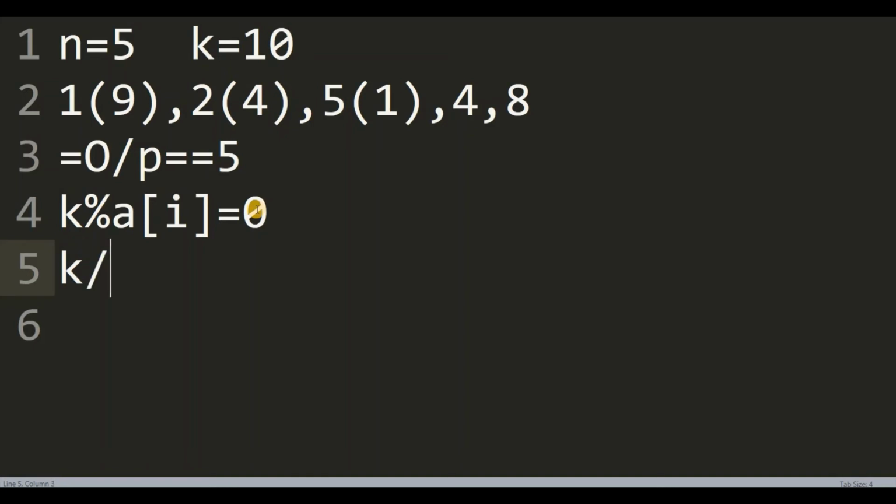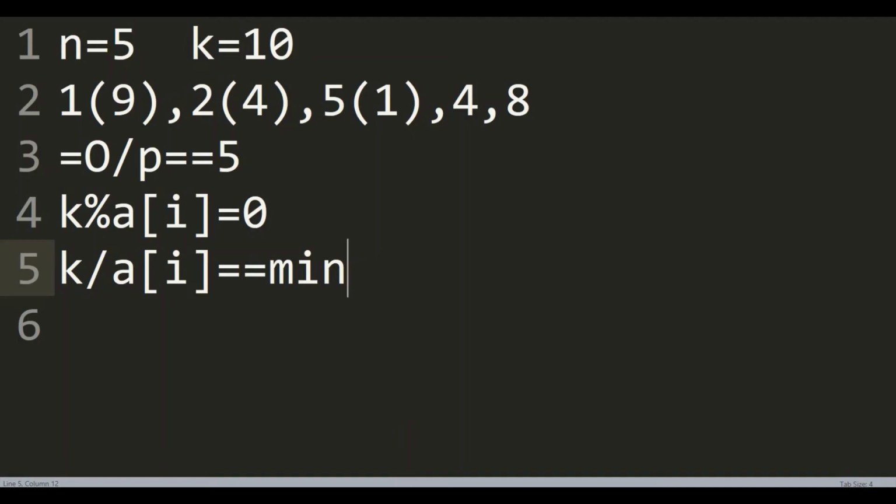So let us write this as k by a of i. We need to make this expression minimum because this expression gives the number of moves that the person makes. So if a of i is maximum, then we can surely make k by a of i minimum. So this is the logic to solve this problem.